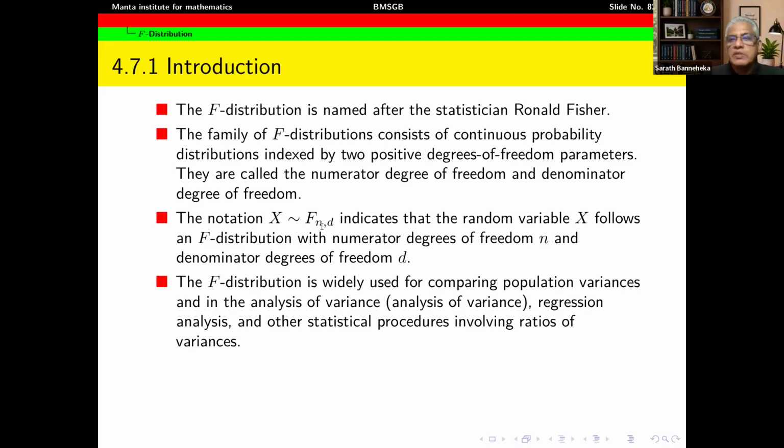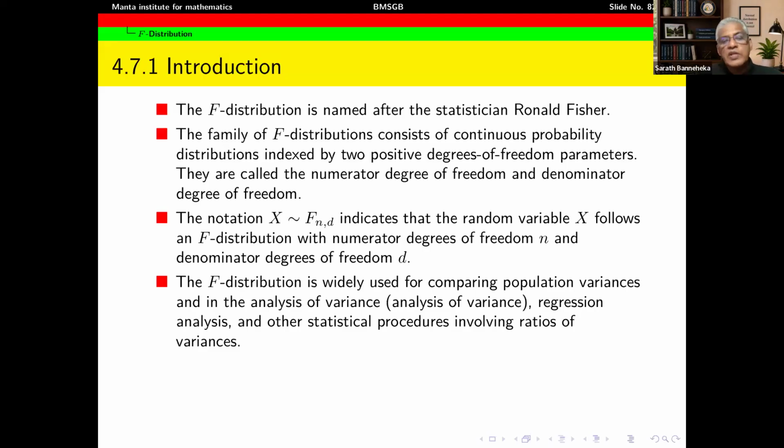The first number is the numerator degrees of freedom. The second number is the denominator degrees of freedom. Usually in practice, both numbers are positive integers. But theoretically, they don't have to be integers. They can be positive real numbers.